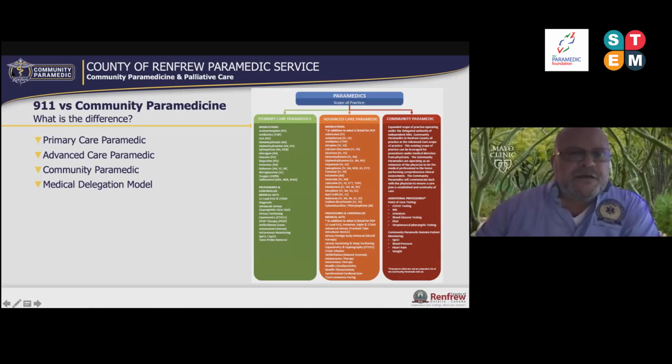In Canada, there are 2 main levels of paramedic: primary care paramedic and advanced care paramedic. Then they also have a critical care paramedic category that isn't in this graphic. Then they also have community paramedic, and Canada uses a model of medical delegation. It's a little bit different in the United States.